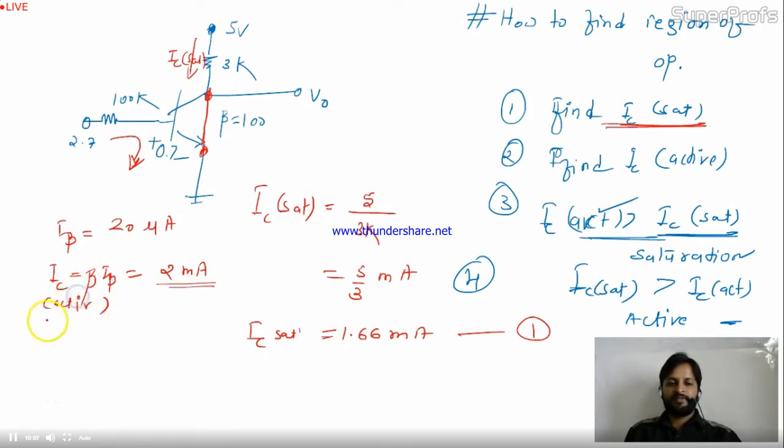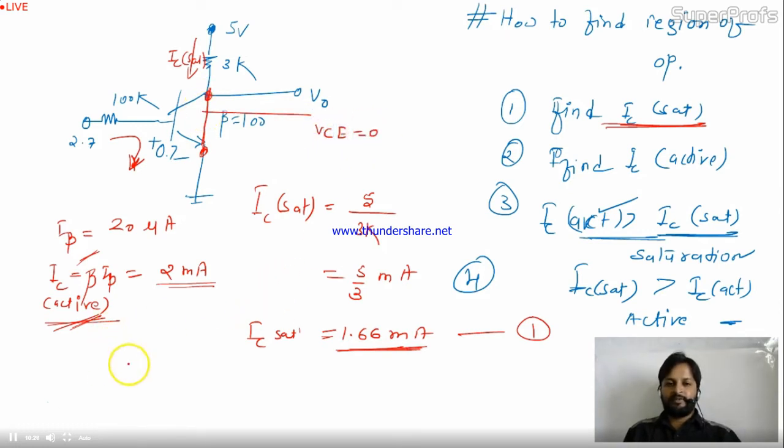When you apply KVL into the input and you are finding IC, that current is the active current. If you are finding the current by applying KVL in the output loop, you are getting IC saturation, obviously keeping VCE equal to 0.